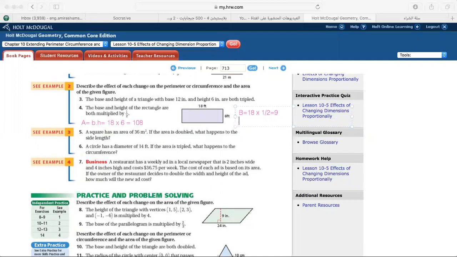And the height, 6 multiplied by half, is 3. Now I'm going to write the area with the new dimensions, which is 9 multiplied by 3, equal to 27.